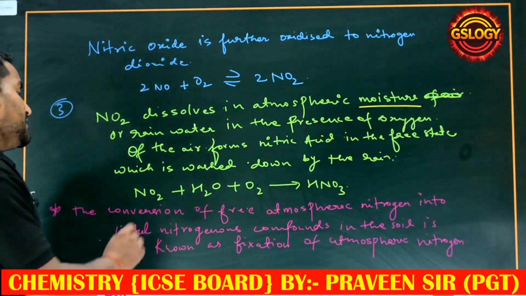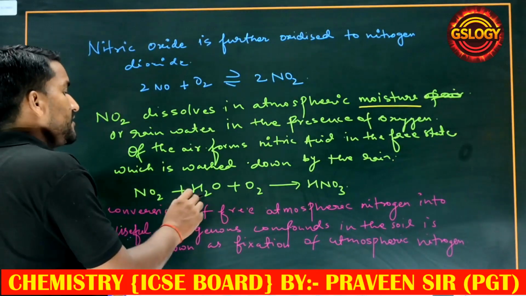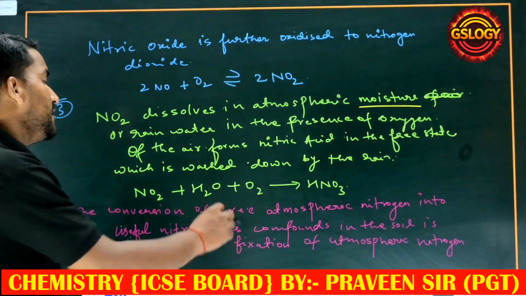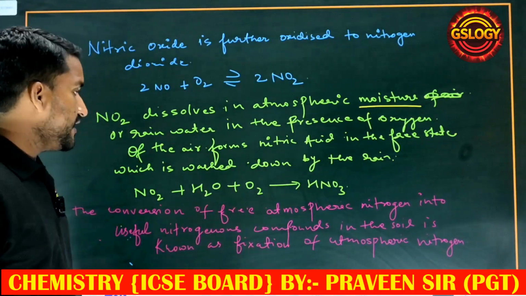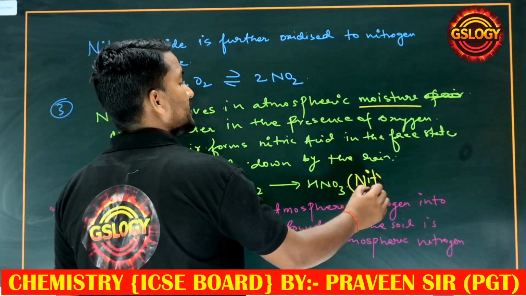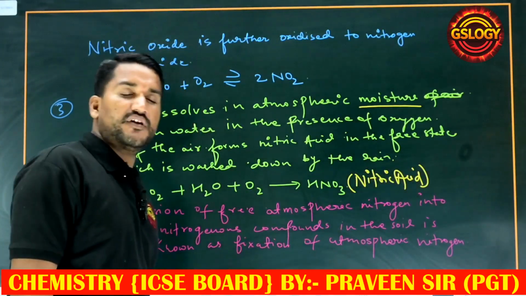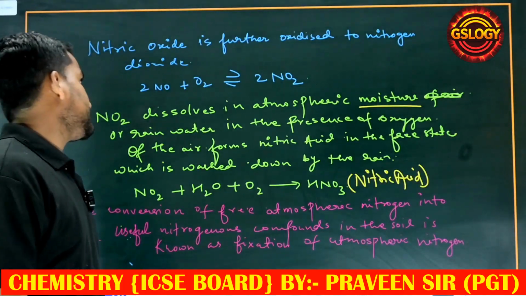Clear? It means nitrogen dioxide reacts with water and oxygen, that is rainwater, and forms which acid? Nitric acid. Clear? So nitric acid forms in 3 steps.